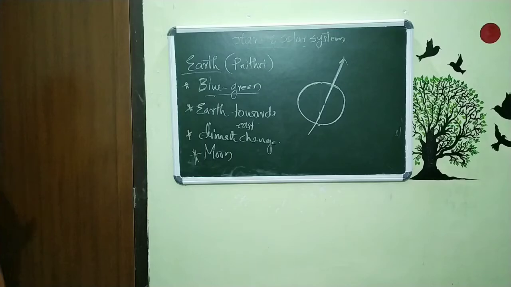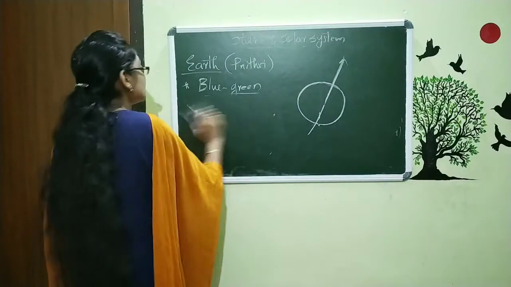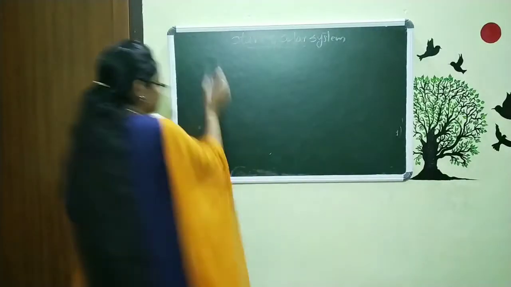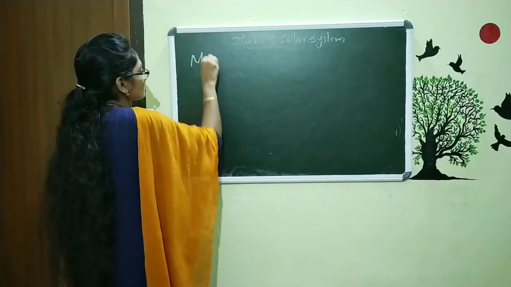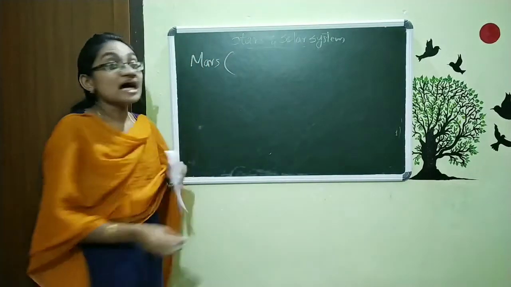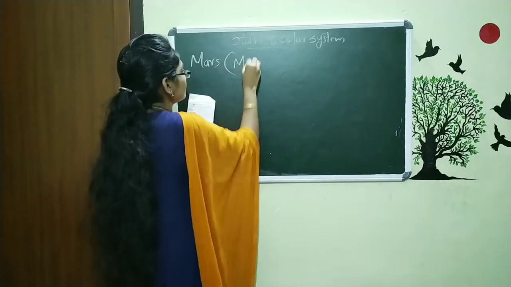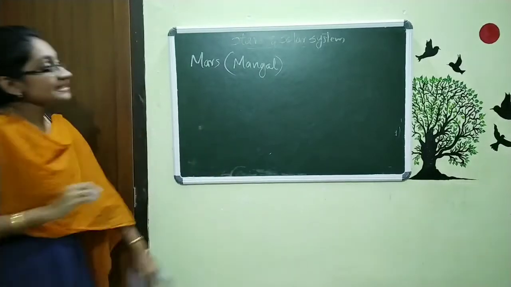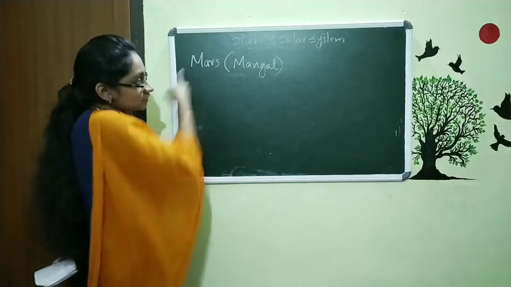And next we are moving to the next planet, and that is Mars. The other name of Mars is Mangal. The satellite we launched, the Mangalyaan, is for this Mars.